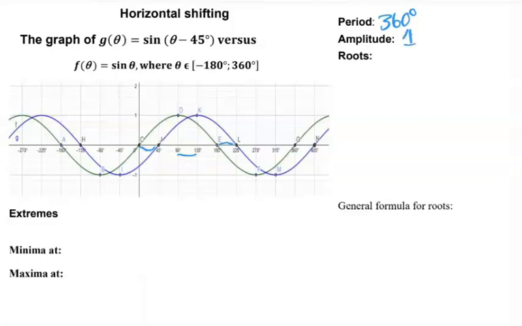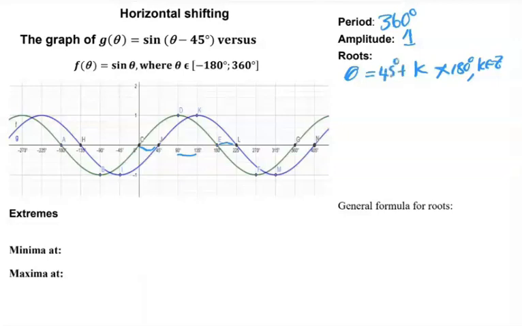The roots, previously we had the roots at theta equal to k times 180 degrees, k an element of Z. But now, these values moved 45 to the right, so we will just have 45 degrees plus that.